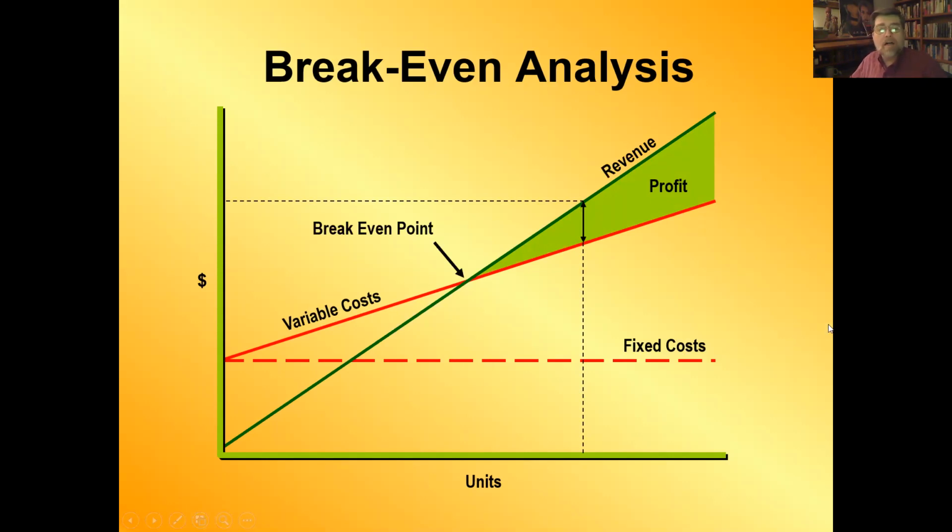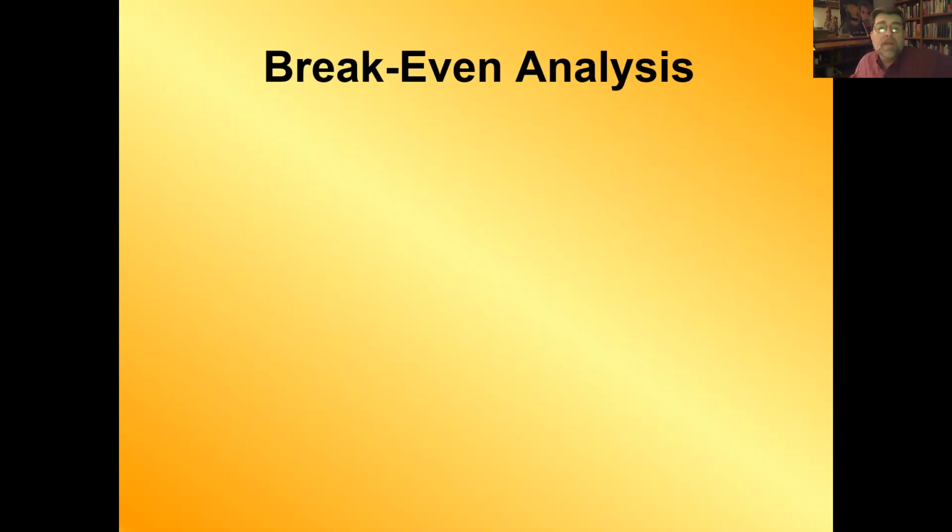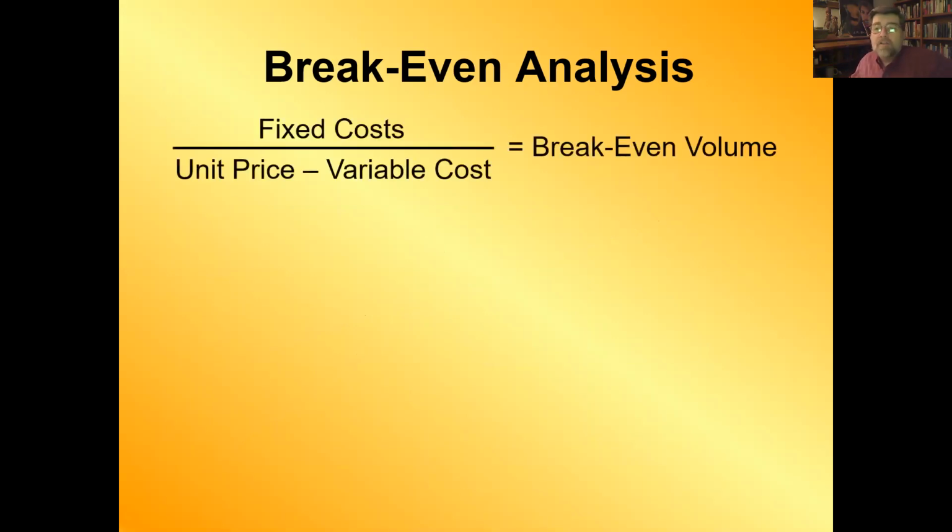Okay, great. How do we calculate our break-even point? Well, there is a formula. It is the fixed costs divided by the difference between the unit price that you're charging and the variable cost of production. This creates a break-even volume. Our costs and our prices are going to be in dollar figures, and in algebra, you're familiar with the concept of canceling out.